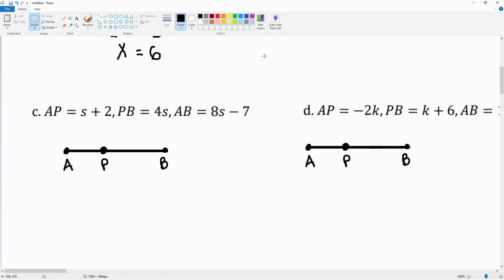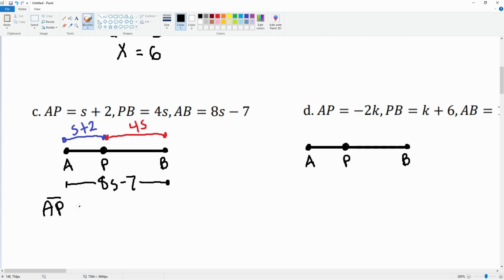Let's look here now. AP is equal to S plus 2. PB is equal to 4S. And the total here is going to be 8s minus 7. Now we could set up the equation.